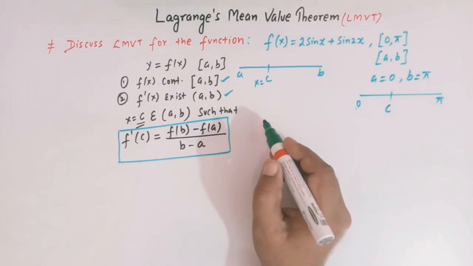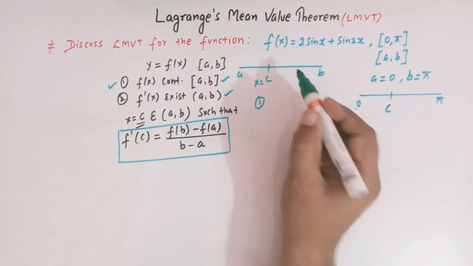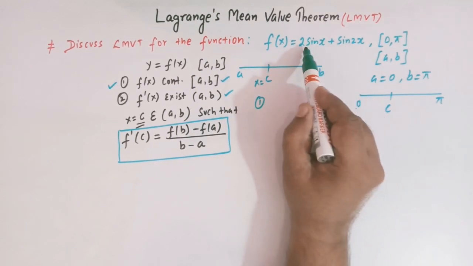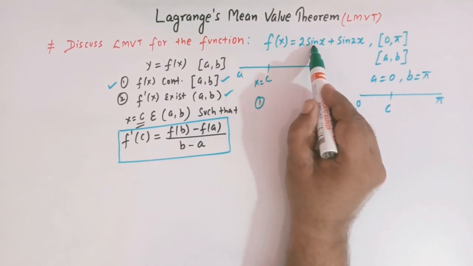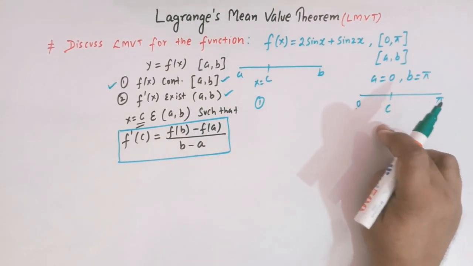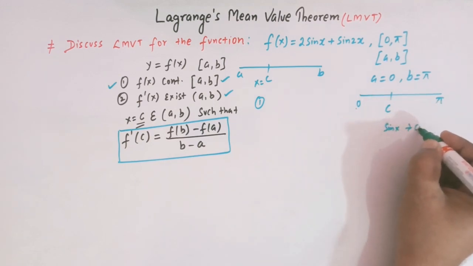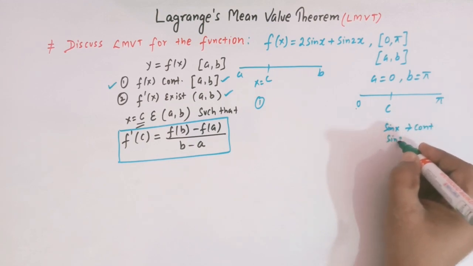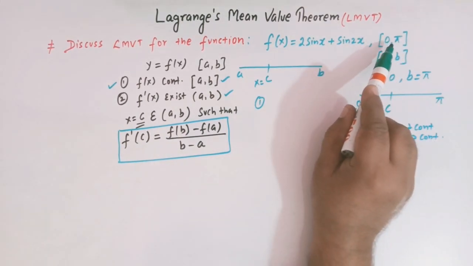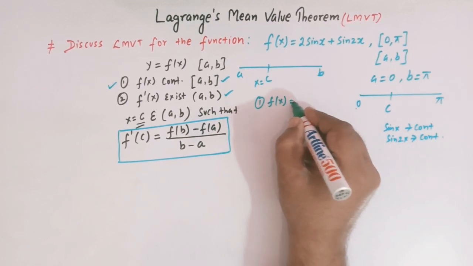So let us start and first check the conditions. Here f of x is equal to 2 sine x plus sine 2x. It is a combination of two trigonometric functions. Sine x is continuous and sine 2x is also continuous, so both are continuous in the interval 0 to pi, and f of x is a sum of two continuous functions.